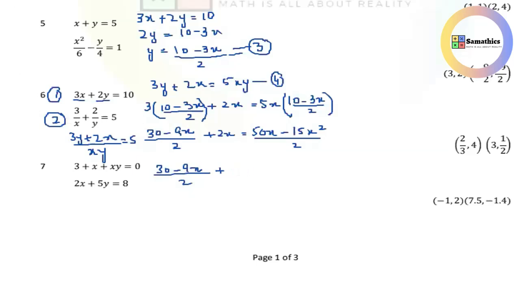Or you can simply say that you are taking out the LCM. You can write both with the LCM. So if you have taken out the LCM, you have to multiply this by 2 and this also by 2. So it is 4x, and (50 minus 15x squared) upon 2.